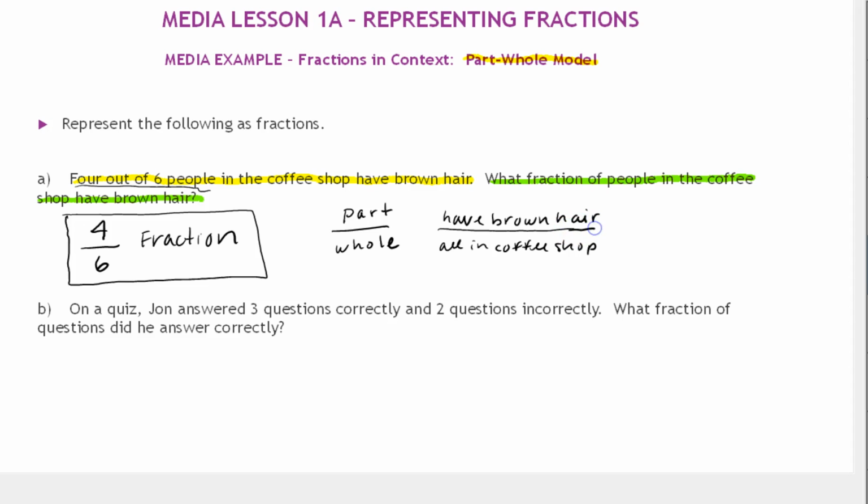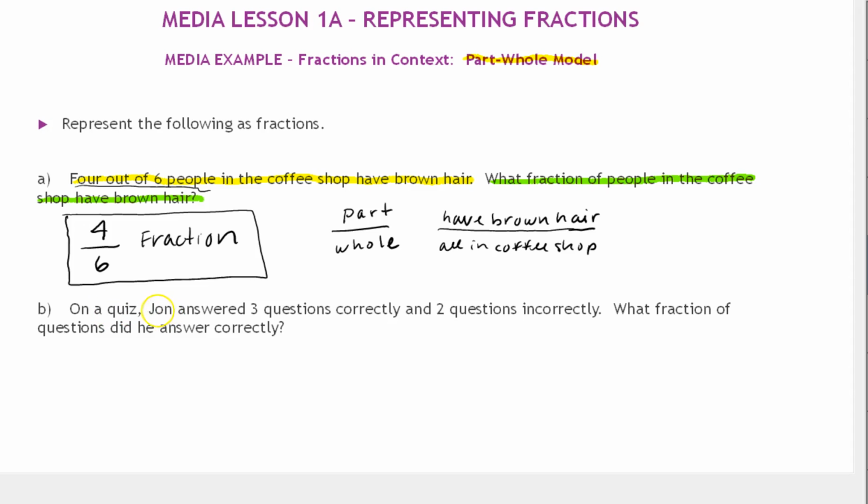Okay. So a lot of times in part-whole problems, the question has the specific term after the general term. So the general term being the whole or the total. And then they talk about the specific second. So the 4 people have brown hair, and the 6 people are all the people in the coffee shop. Let's look at the next question.